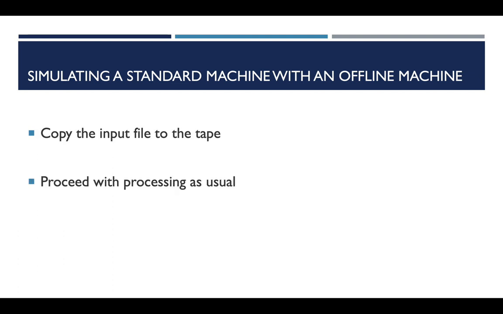Then after we had all of the input copied to the tape, we would proceed with whatever algorithm was implemented by the Turing machine. So we would proceed with that algorithm as usual, and all that's left is to profit. We've effectively done exactly the same as a standard Turing machine, except we had this nice little offline input file that we didn't necessarily have to have on the input tape at time 0.